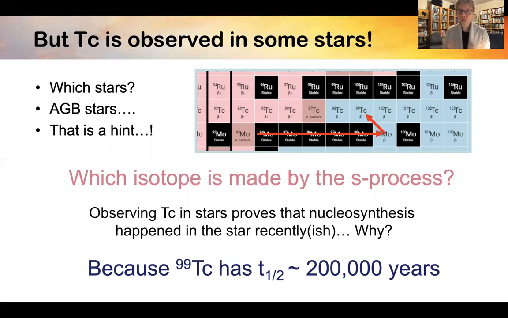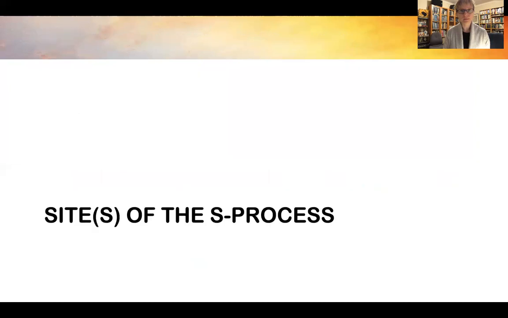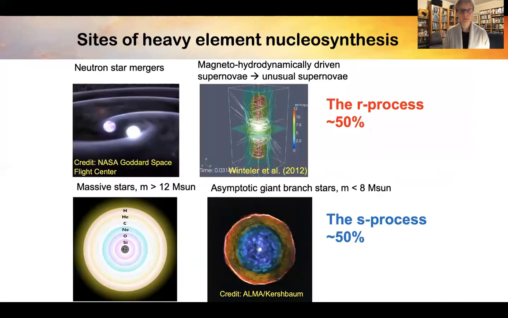So regardless of what technetium isotope we're dealing with, the stars have much longer lifetimes. So we're not talking about stuff the star was born with. It must have made it. And this is a huge hint. So this takes us to the site of the s-process.